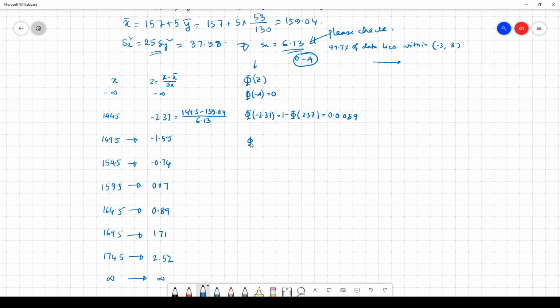Similarly, for the next value we use the same process and get 0.0606. Please check these values.